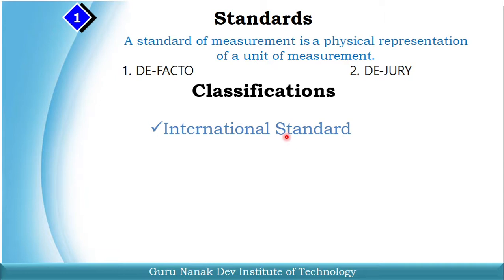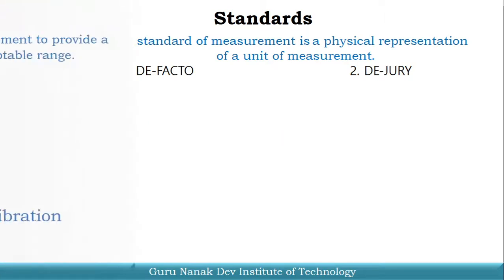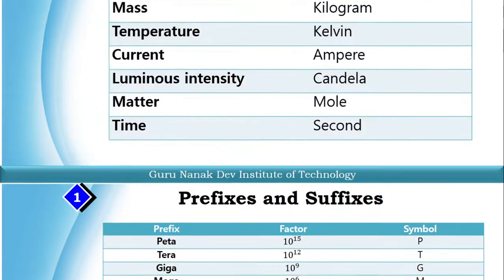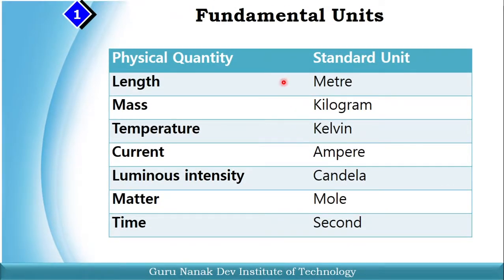Basically what I have shown in the previous slide, the fundamental units. These 7 units are the fundamental units, and the values, how you can define 1 second, how you can define 1 mole or 1 ampere, these standards are maintained inside the international standard. So that is called the international standard.